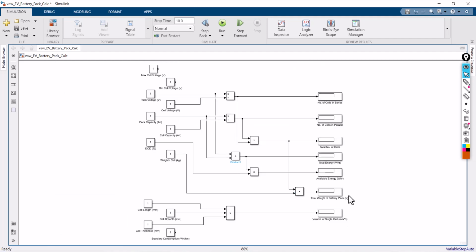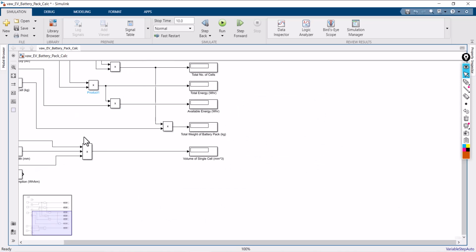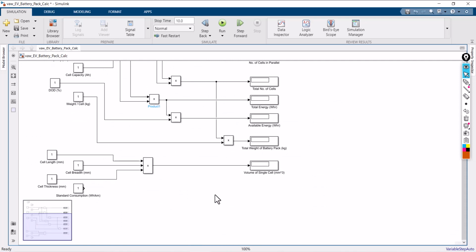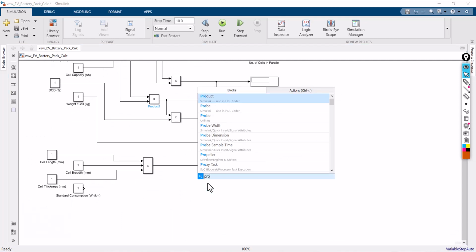But we never say the volume of a cell in cubic millimeter. I need it in liters. Let me take a product.